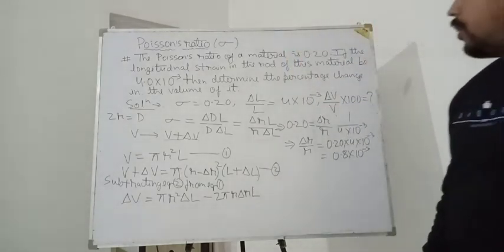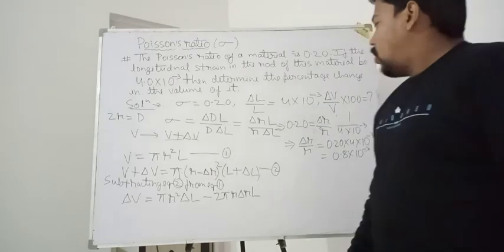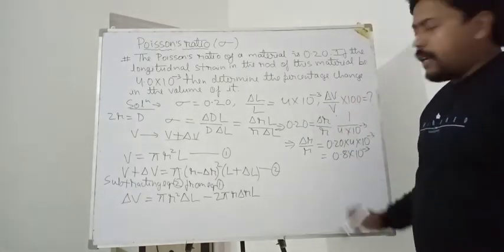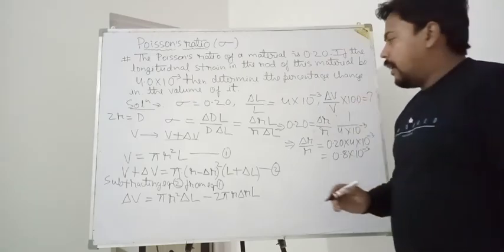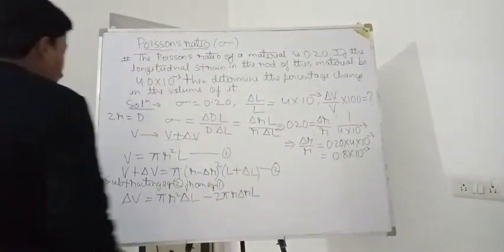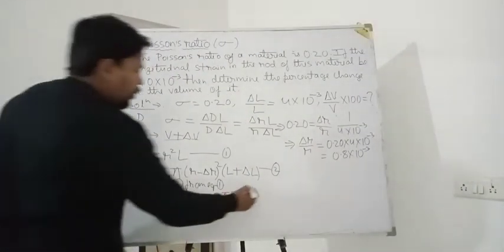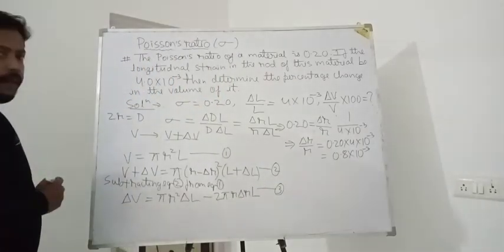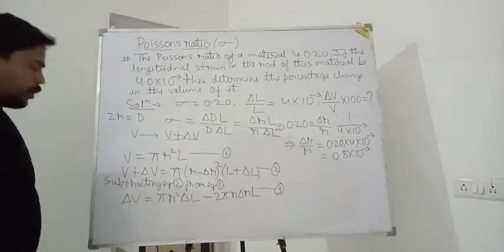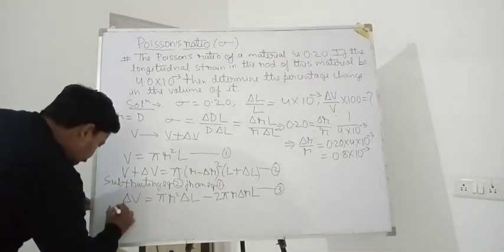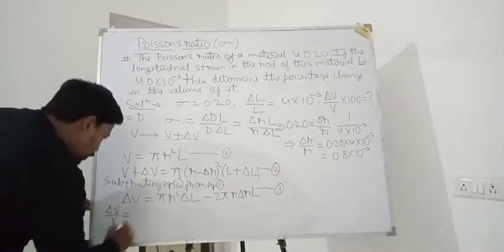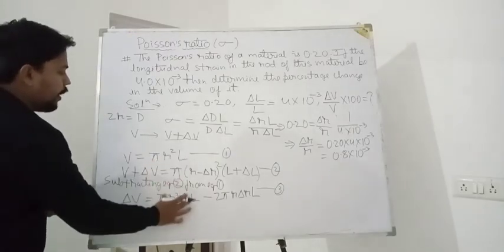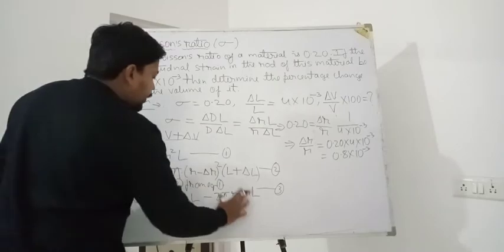Now that you have this value, we have to find delta V upon V first, and then multiply it by 100. So we divide this equation, which is equation number 3, by equation number 1. This is a good question on Poisson's ratio. Delta V upon V will be divided individually, first with this and then with this.